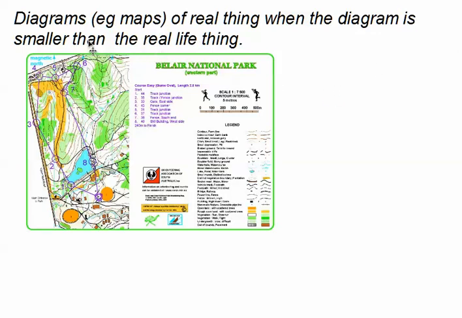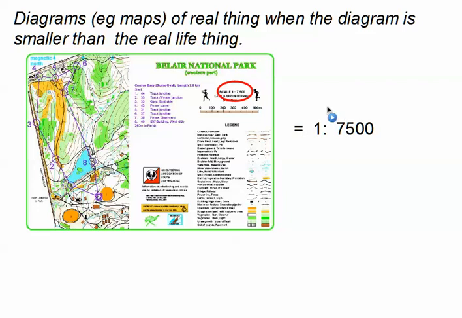Now let's look at another situation where the diagram of the real thing is smaller than the real life thing. A map obviously is a representation of real life, but it's smaller than the real life, of course. Now, if we look carefully on here, we can see the scale is 1 to 7,500.